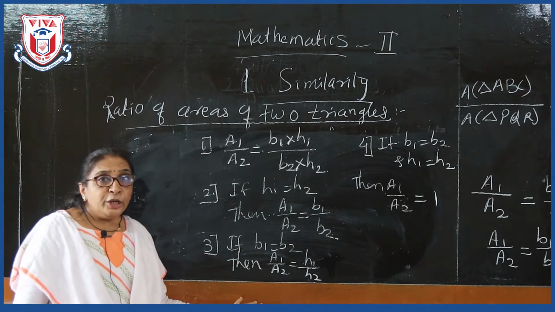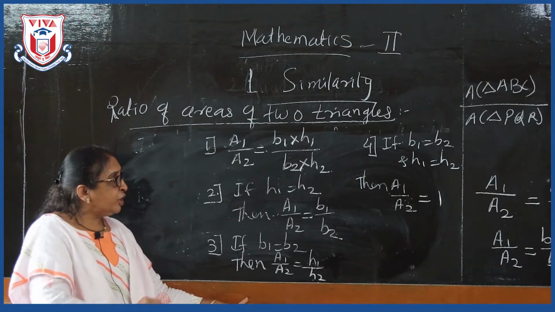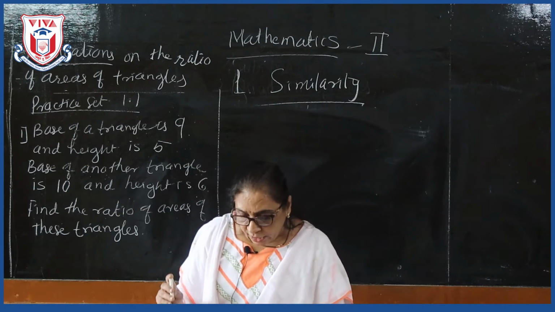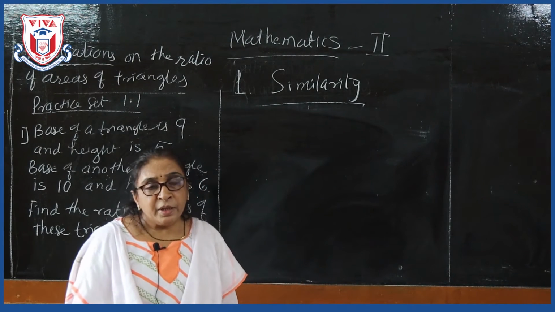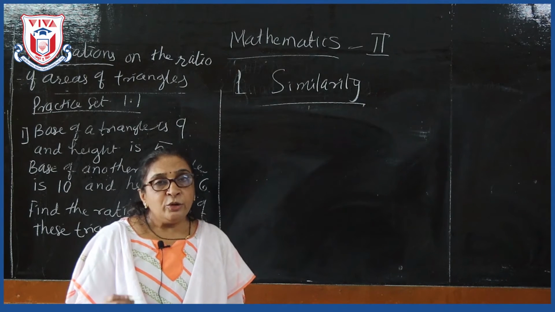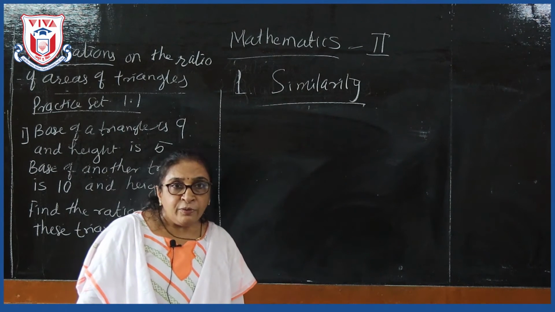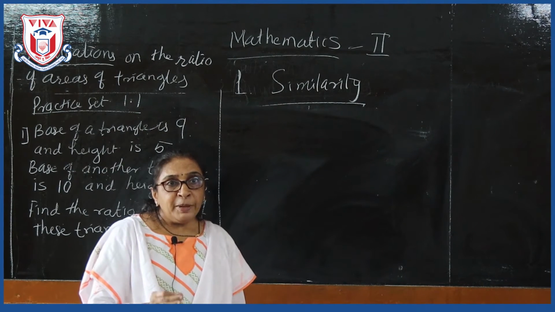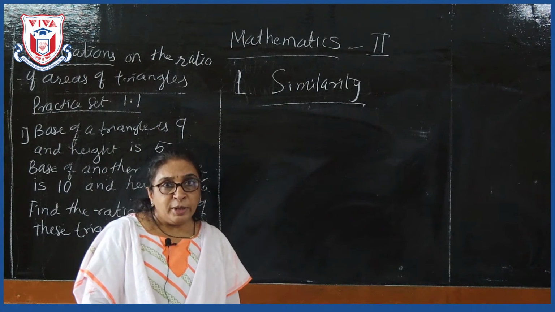Now we are going to see the applications of all these properties. Now children, we have already studied the four properties related to the ratio of areas of two triangles. Now we are going to see the applications on those formulae.